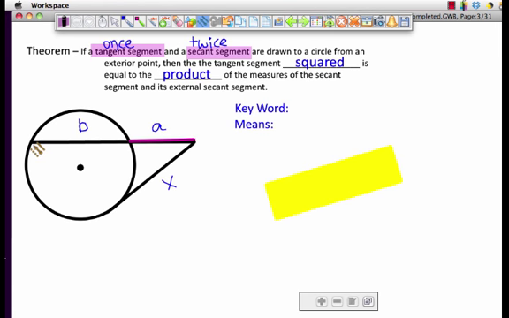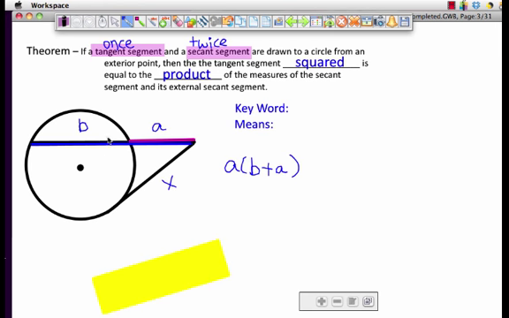It's still the exterior piece times the whole. But look at it. A is the outside, B is the inside, but it's supposed to be the exterior piece times the whole piece. What does the whole blue piece equal? It equals B plus A together. You're not multiplying, you're just adding the two segments together.